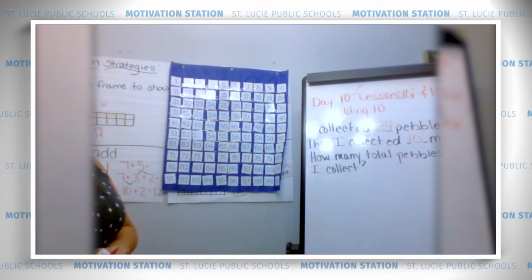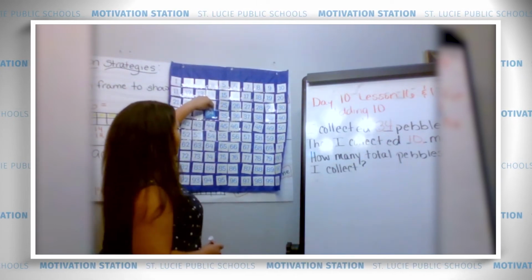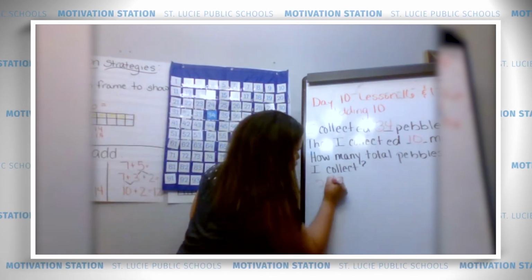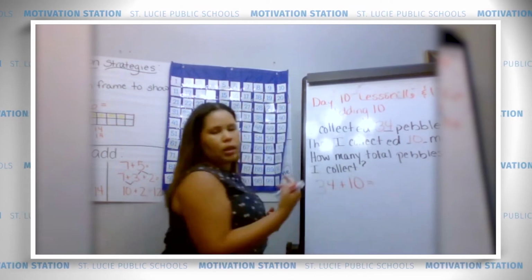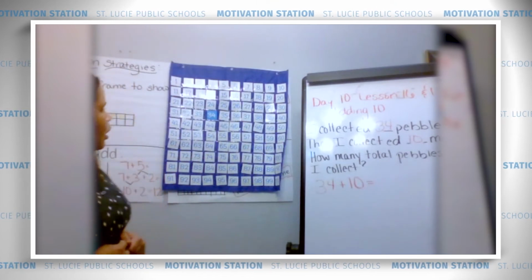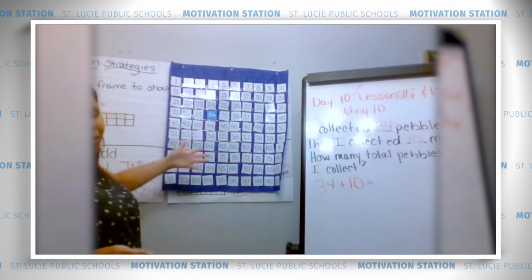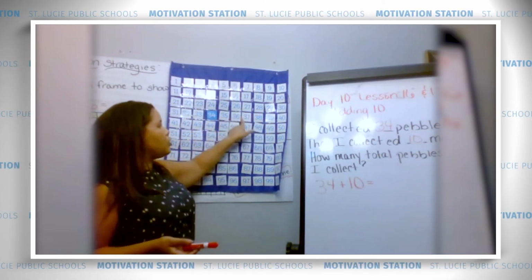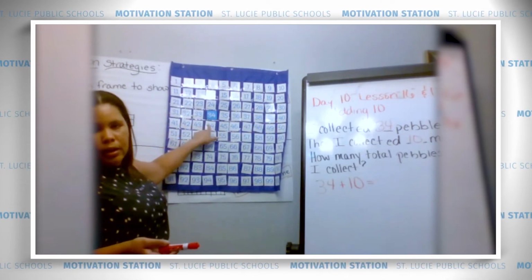Well, we know we need to start at 34. I'm going to flip over 34. Our problem is 34 plus 10 equals an amount. We don't know how much it equals yet. If I start at 34, I could just count all the way up to 10, counting by 1, 2, 3, 4, 5, 6, 7, 8, 9, 10.